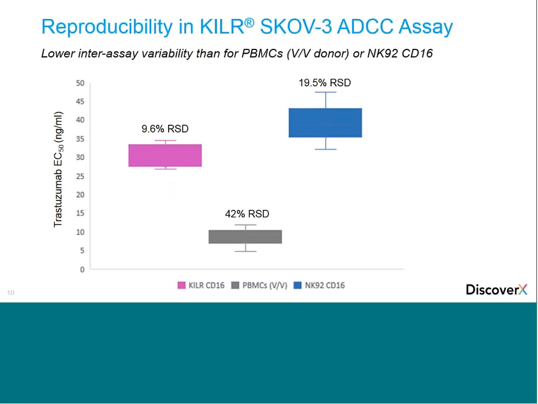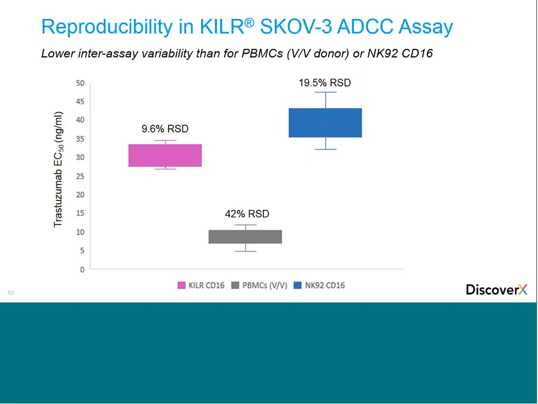So looking at a different cell model, what we can see in a SKOV3 model, which is a HER2 model, trastuzumab, is that when you compare the KILR effectors to either NK92 CD16, or PBMCs from a V158 homozygote, you still see that the percent RSD between assays, so this is over the course of 3 days, that the RSD with the PBMCs from a V158 homozygote give you an RSD of about 42%.